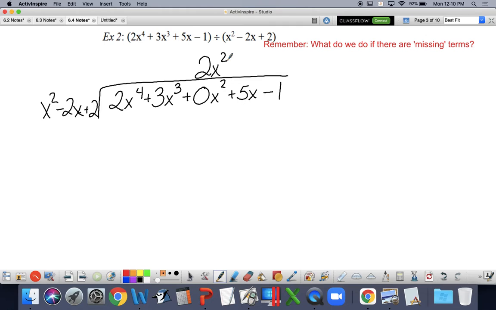So I multiply my 2x squared by all 3 of my terms. I get 2x to the 4th minus 4x cubed plus 4x squared. I'm subtracting this, so I'm going to go ahead and change all of my signs.